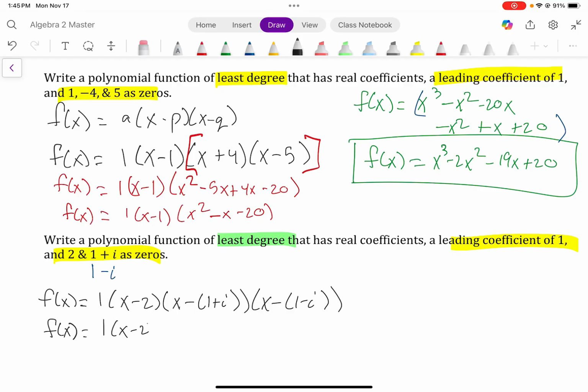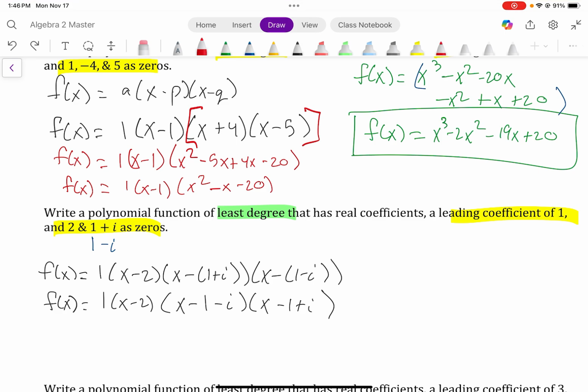It's because you could then rewrite it as x minus 1 minus i, minus 1 plus i, which feels like the exact same thing, but it's technically not, and I need us to understand why. I have to distribute to both things here. If I don't put those parentheses, you might miss out on something if you have other coefficients, for example.